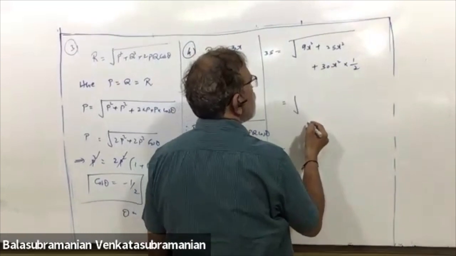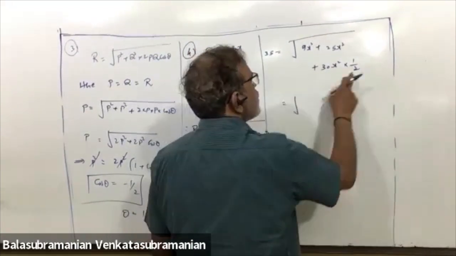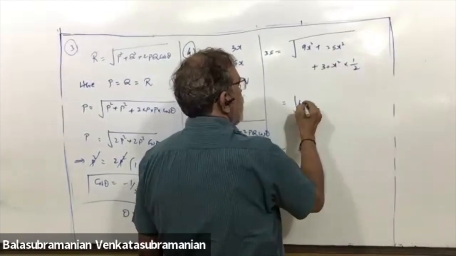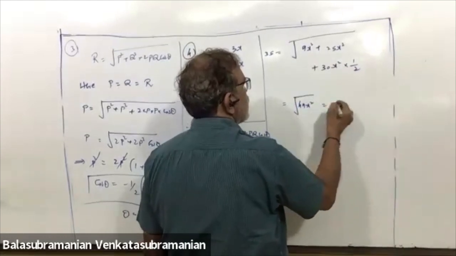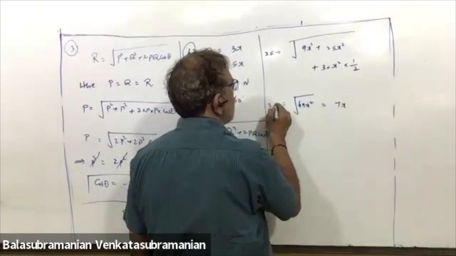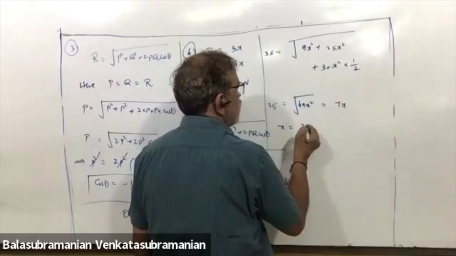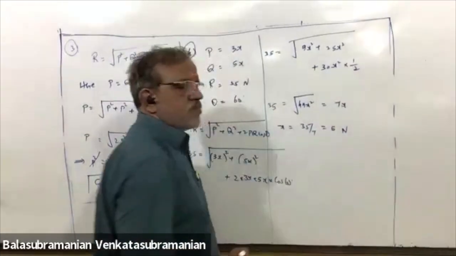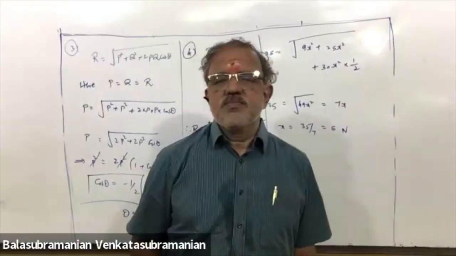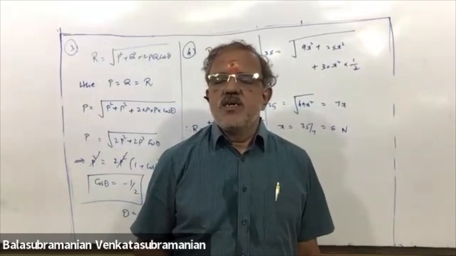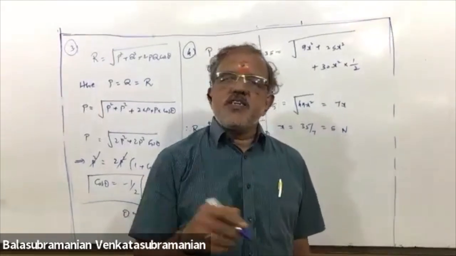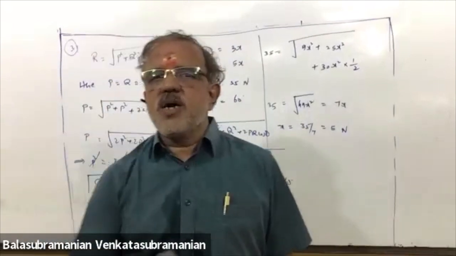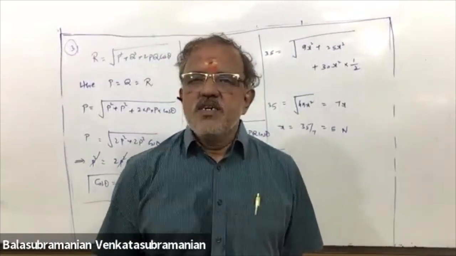This will be 15, 34 plus 15, 49x square, that is 7x. So x is equal to 35 by 7, 5 Newton. You have to calculate the individual forces. The individual force values are not given, only the ratio 3:5.